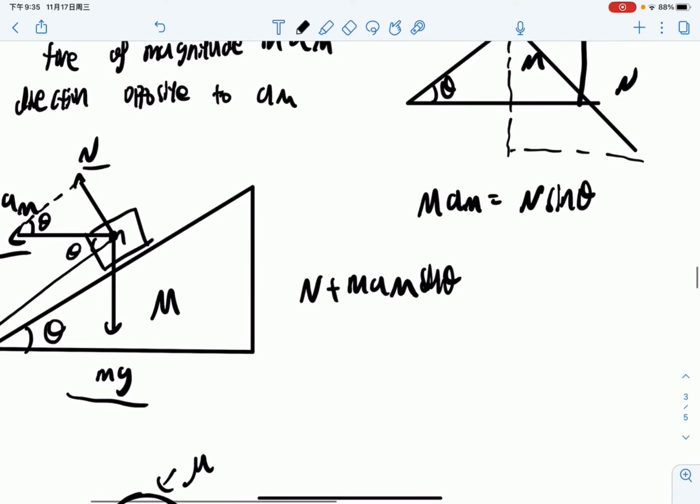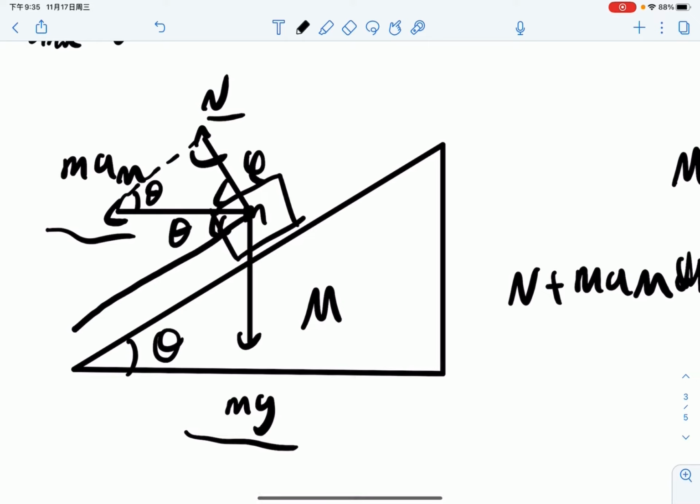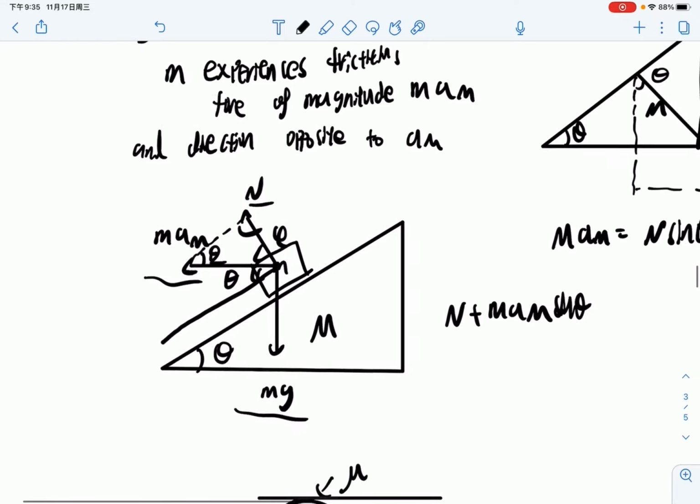Wait, let me see. Perpendicular, parallel. Theta, yes. Okay, this is theta.